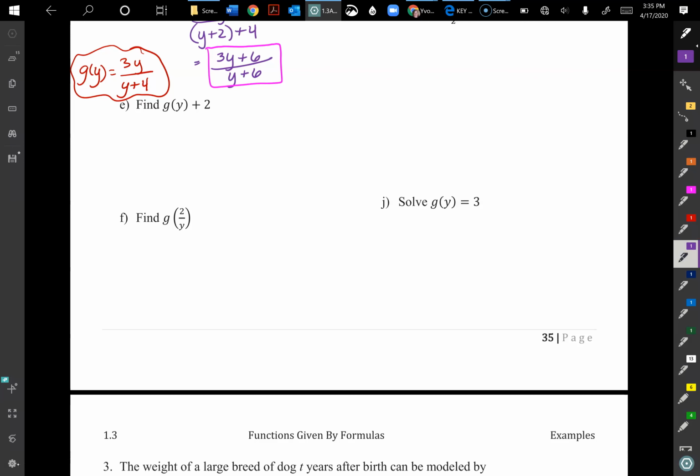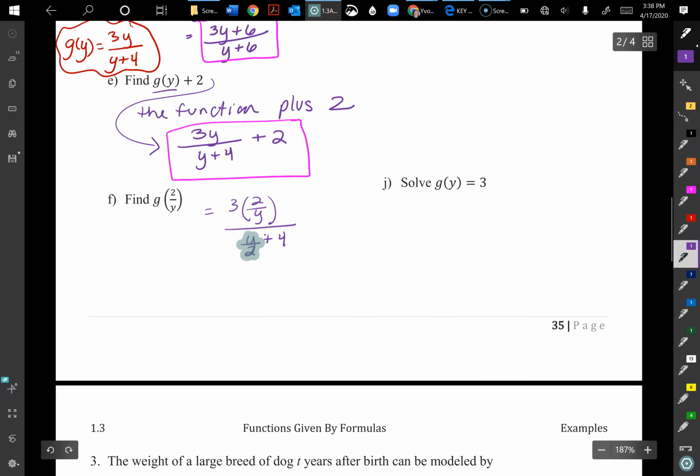People tend to want to do something different here, but it's the function plus 2. So the function is 3y, y plus 4. That's how it's represented, right? So then we just add 2.